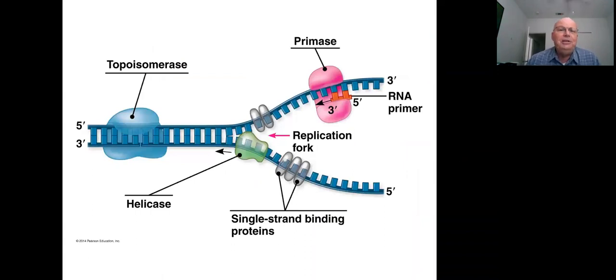So we begin to see some of the specialized enzymes that are involved in the opening up of the origin of replication and then the unwinding and unzipping of the DNA. So helicase unwinds and unzips the double helix.